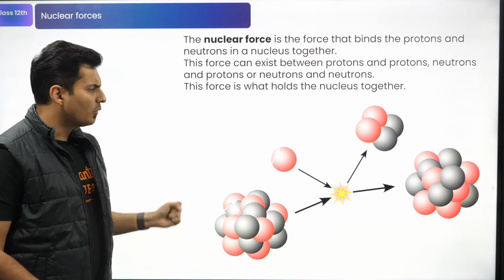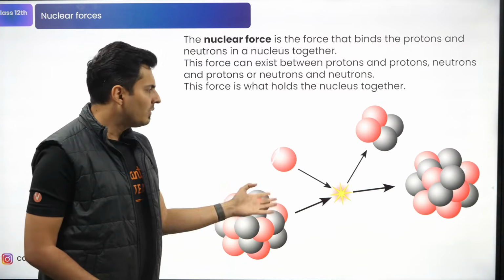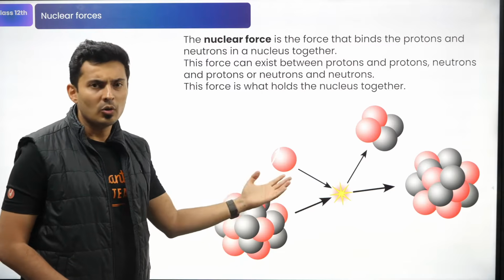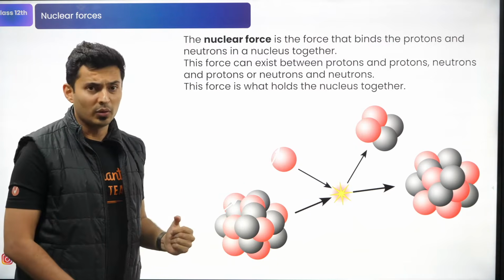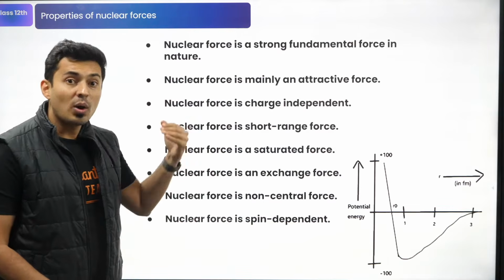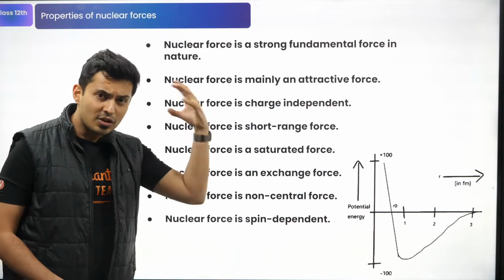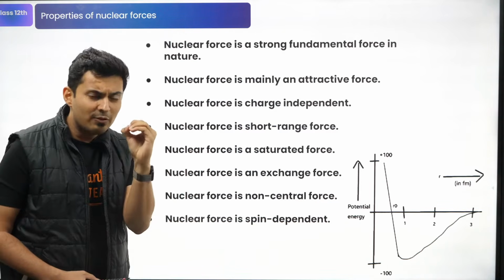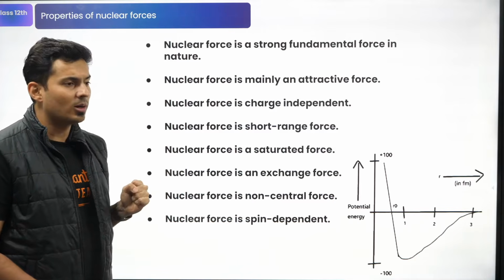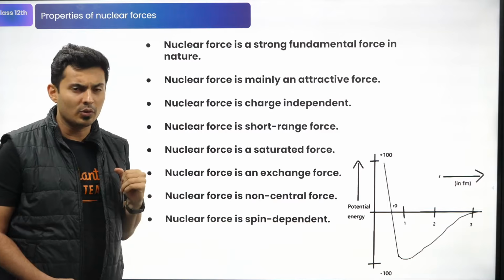This nuclear force acts inside the nucleus, at very short range, between a proton and proton, neutron and neutron, or even a neutron and a proton. They are a new kind of force in nature, just like you have electric force, magnetic force, gravitational force. So this is a new force of a fundamental kind which acts at a very, very small distance, very short range, but is much more powerful than gravitational or electric forces.